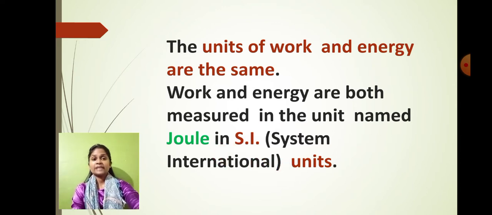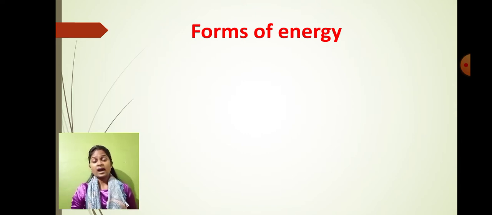Okay, so now students, there are different forms of energy present around us. All the forms of energy we are going to learn today one by one. So what are the different forms of energy which occur around us?